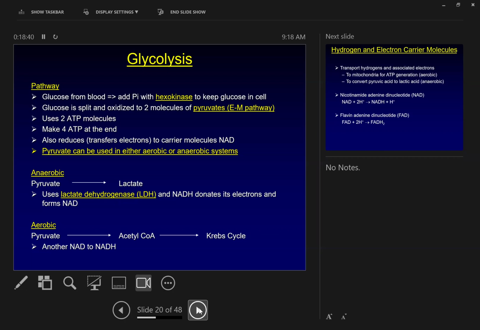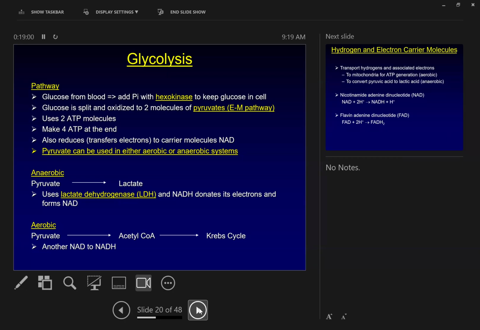You read some textbooks and it says there is an anaerobic fate of pyruvate. I don't like to say that there's anaerobic and aerobic glycolysis because that's a lie. Glycolysis is completely anaerobic. You use no oxygen to make the pyruvate. It's the fate of the pyruvate.